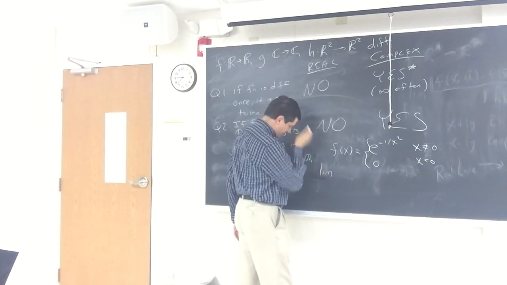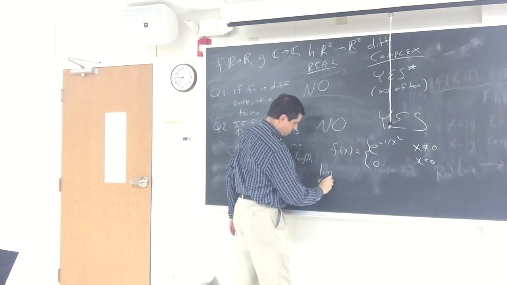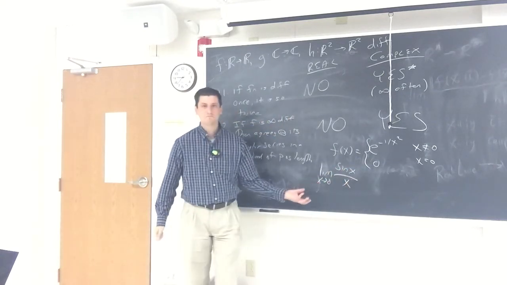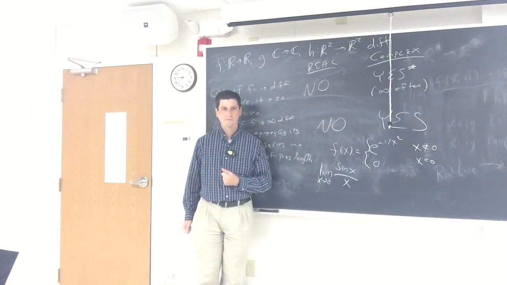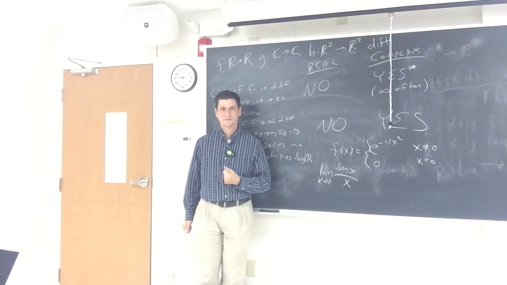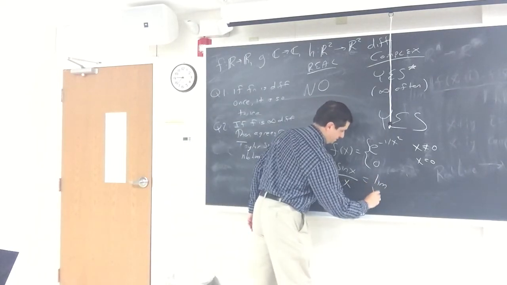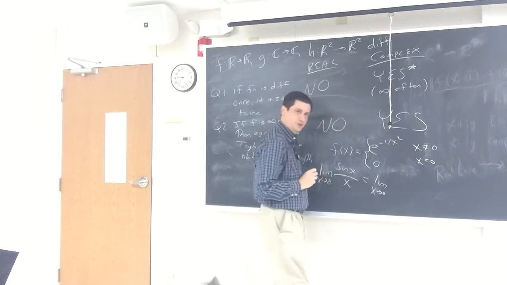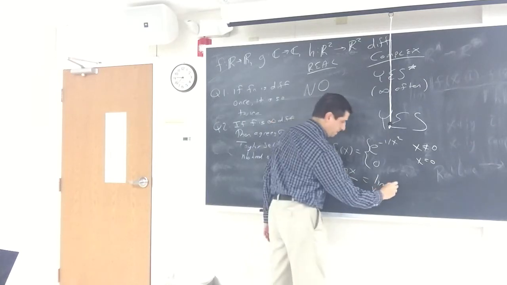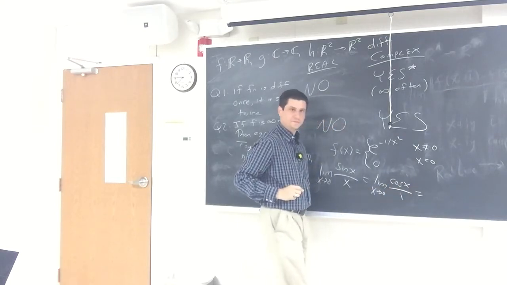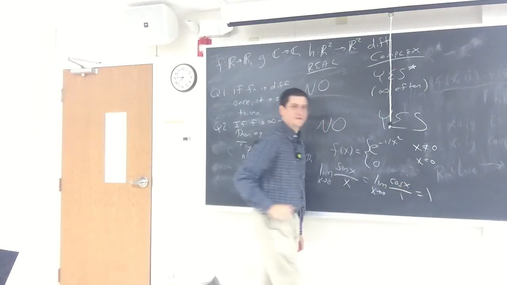Let's take the limit as x goes to 0 of sine of x over x. How would you compute this limit? We take the derivative of the top and the derivative of the bottom. The derivative on top is cosine of x, the bottom is 1, which is 1.